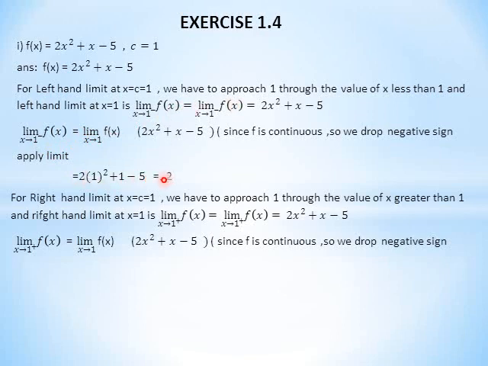So for the right hand limit at x is equal to c is equal to 1, we have to approach 1 through values of x greater than 1. I am just applying 1 because it approaches 1. Okay, so again the answer is minus 2.